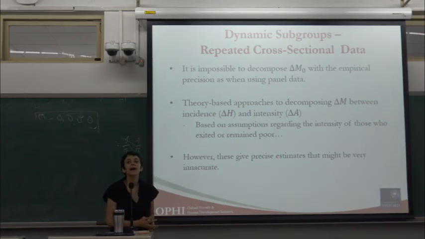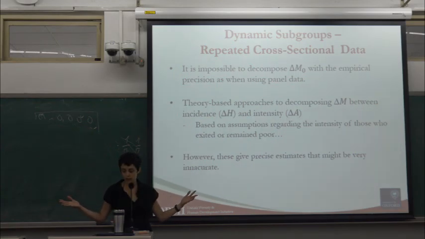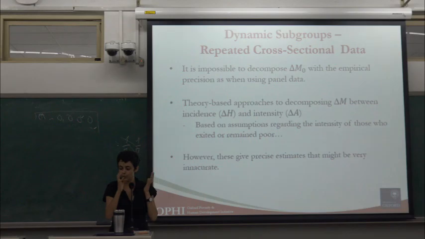Last slide. With cross-section data, this type of analysis of saying what the deprivations are, increasing on the ongoing and the ones that exit, you cannot do with cross-sectional data. There is no way. However, there are some theory-based approaches to decompose the M0 between incidence and intensity.